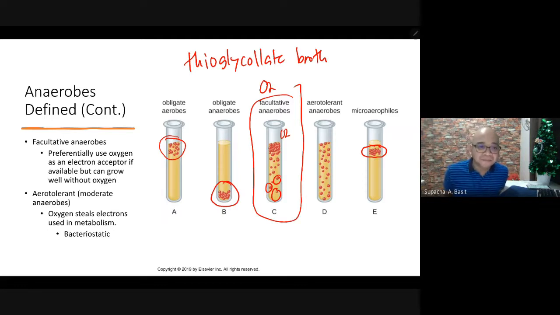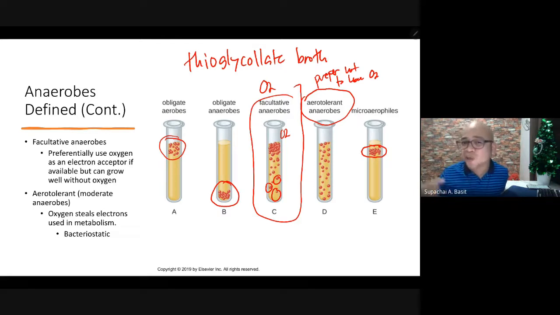How about the aerotolerant? They are the moderate anaerobes. In this particular case, oxygen steals electrons used in metabolism, and somehow it becomes bacteriostatic for them. When you say aerotolerant anaerobes, they prefer not to have oxygen, but if oxygen is present, they can still grow.